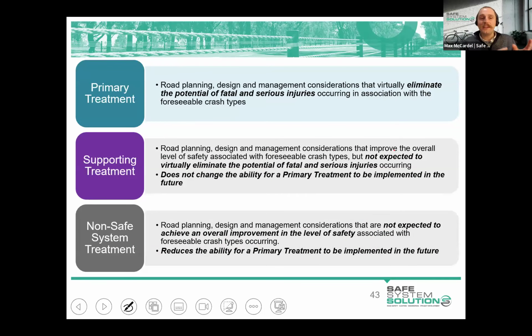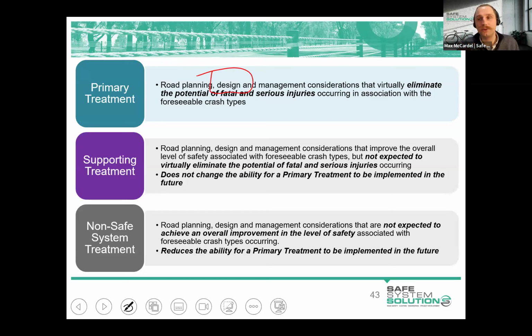The way that we categorize our treatments are primary and supporting. And we're going to focus on the first two. A primary treatment refers to any kind of road planning, design, management considerations.